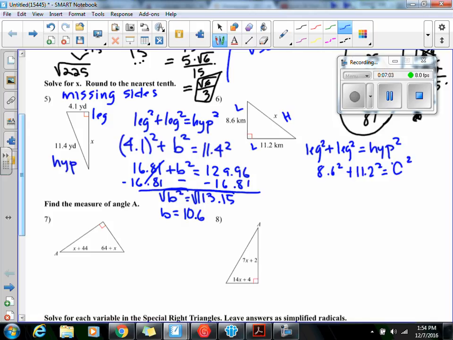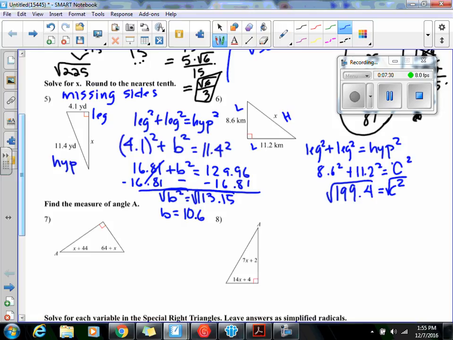And so I end up getting 85 point, so that's not right. 8.6 squared plus 11.2 squared gives me 199.4 equals c squared, and then I'm going to take the square root of both sides.